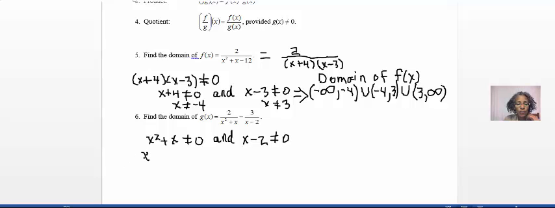So I factor x times x plus 1, and I want that non-zero. That means x can't be 0, and x plus 1 can't be 0. Similarly, x minus 2 can't be 0.